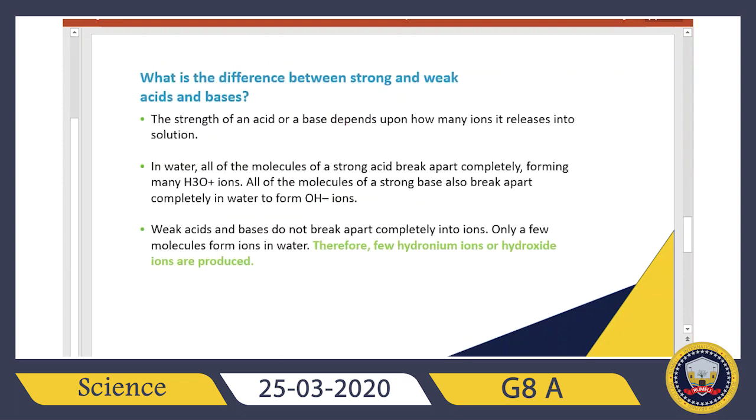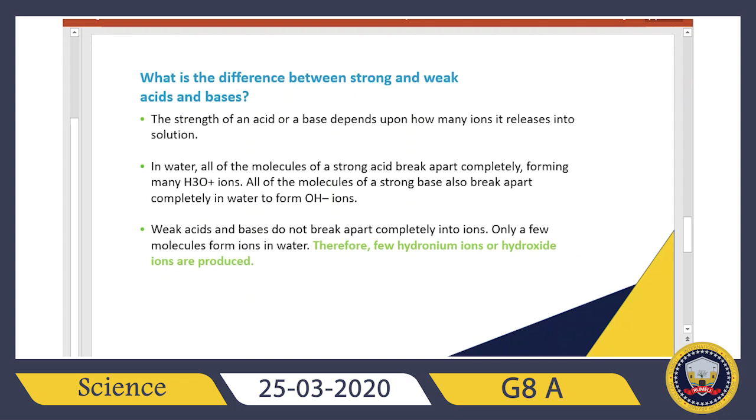For this lesson, lastly, we will learn some about strong and weak acids and bases. So we have this strength also in acids and bases, and it depends on how many ions are formed in a solution of an acid or base.